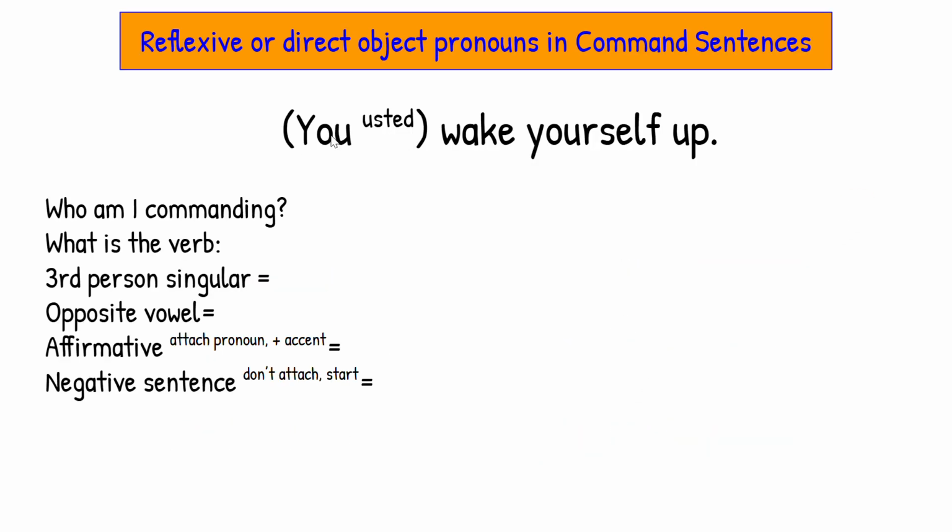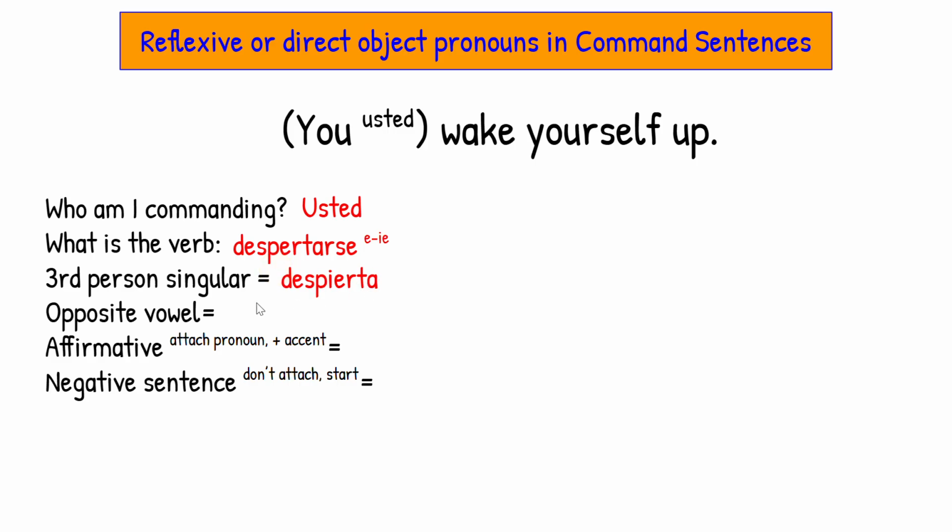Let's practice. You wake yourself up. Wake yourself up. Okay, that's a reflexive verb. First, who am I commanding? Usted. What is the verb for to wake oneself up? Despertarse. And it's a stem changer, an AR verb, and it's reflexive. That's information. AR and se is information. Let me conjugate despertar for third person singular for the usted form. I need to make the stem change. Despierta.